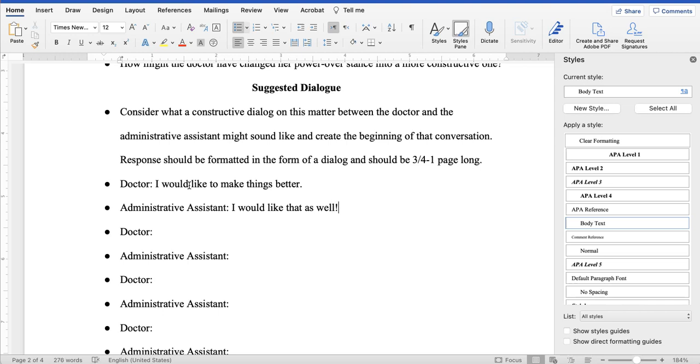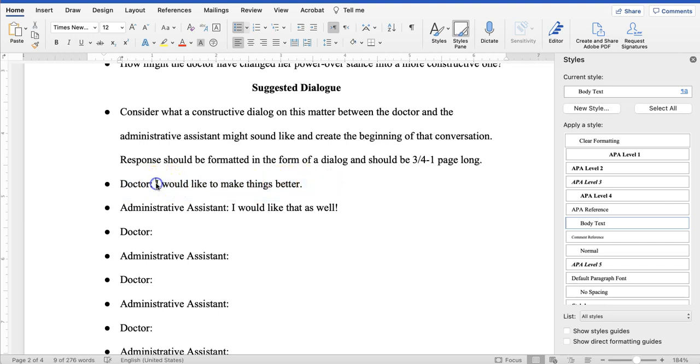Now, how you start this out will depend on the reading and how you decide, when you apply that to this case study, what you think would be the most effective. But regardless, we're going to have the name of who's speaking and then the text that they would say.